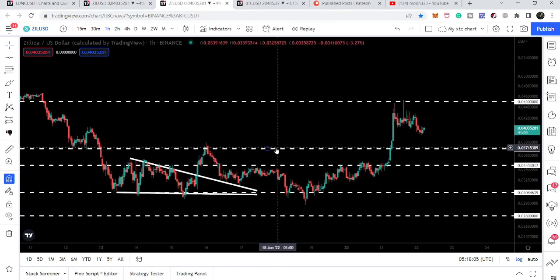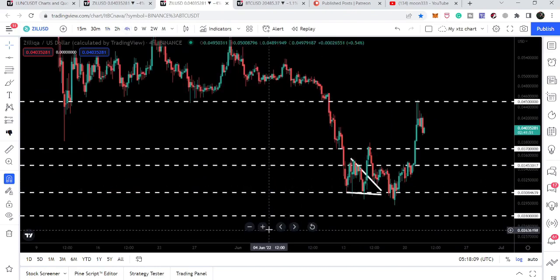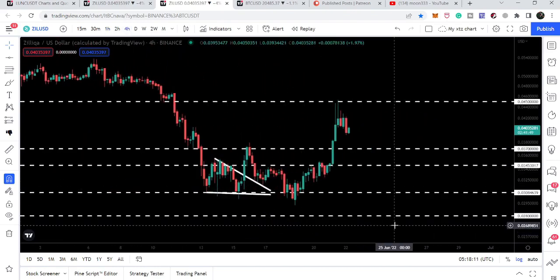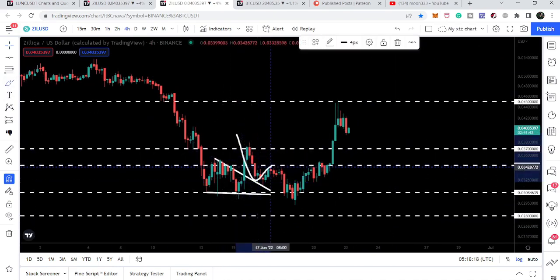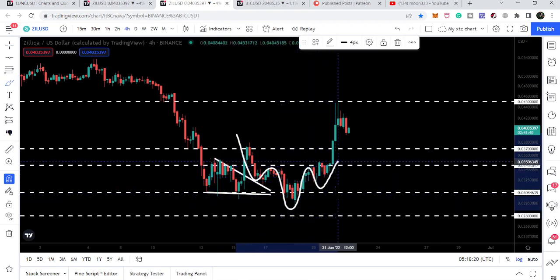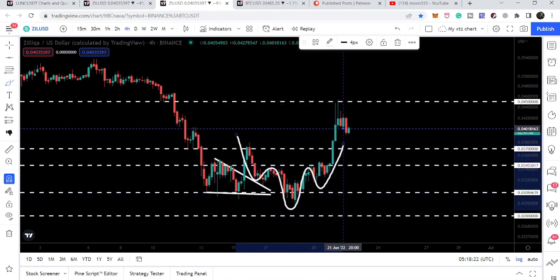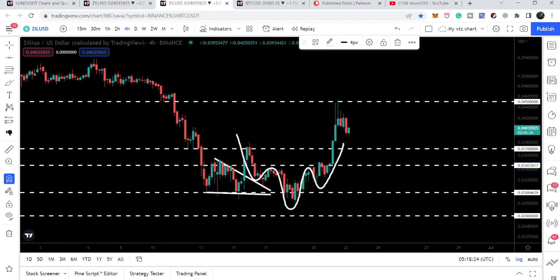If we again take a look at this smaller time frame, after this rally, and by the way, let me show you on the hourly time frame chart here, Zilliqa also formed an inverse head and shoulder pattern. You can see here we have the left shoulder, here we have the head, and here we have the right shoulder. And this was the neckline of the head and shoulder pattern.